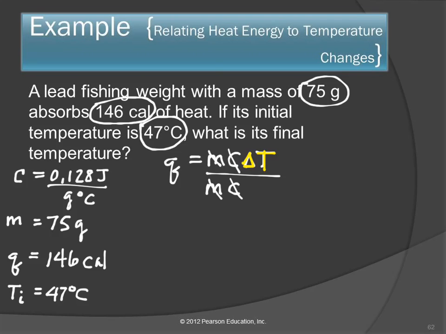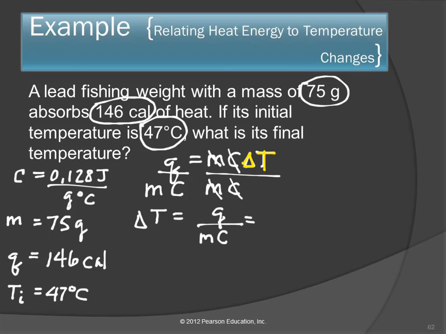So if I divide the right side by M and C, I have to divide the left side by M and C also. And that's all we're doing when we're rearranging equations. Then that tends to be kind of messy, so it's a good idea to copy it over. Delta T is going to equal Q over MC.